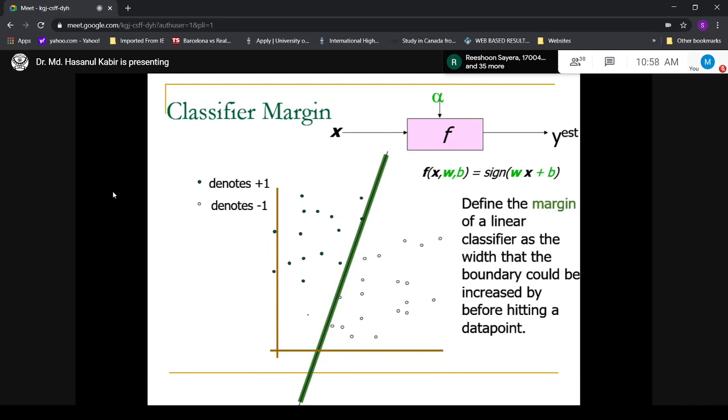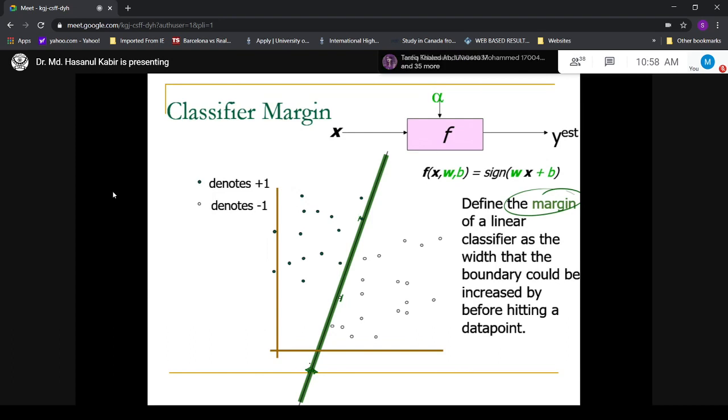The SVM will try to have a decision boundary which will have the maximum margin, okay? So what does margin mean here? Margin means that if you increase the width of this decision line, at some point it will touch a sample from the negative class and a sample from the positive class, and then it stops over here.